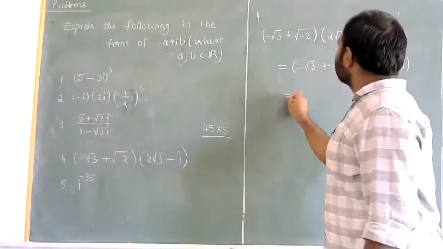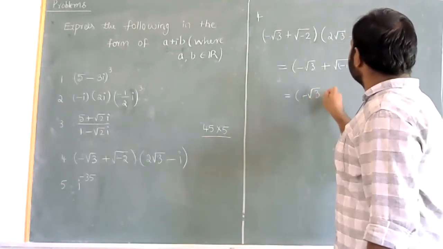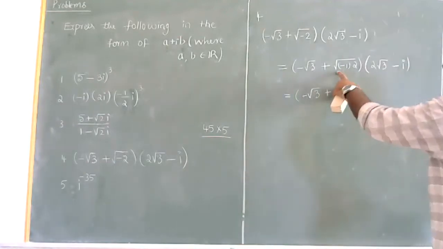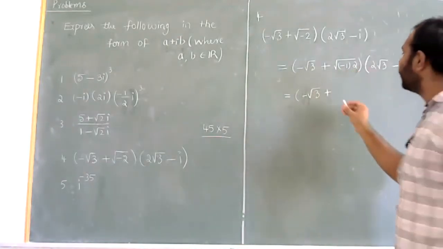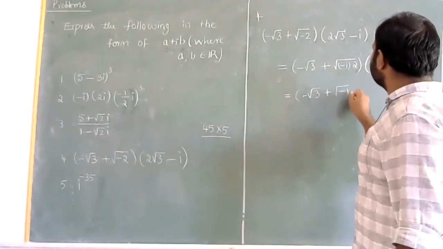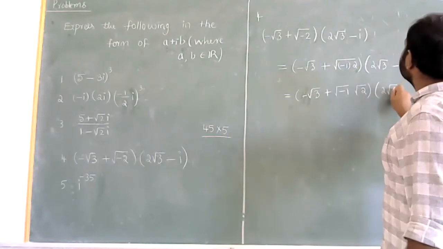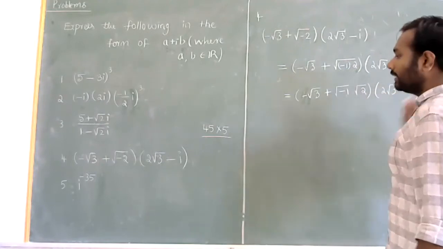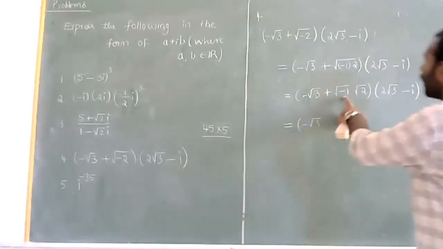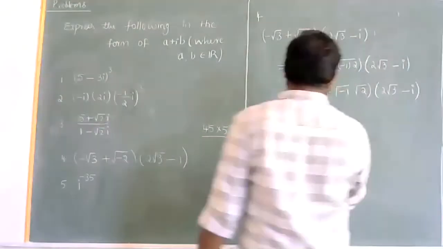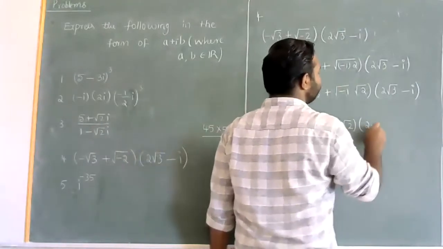Then it is minus root 3 plus, since square root of A into B is square root of A into square root of B, square root of minus 1 into square root of 2, into 2 root 3 minus i as it is. Now minus root 3, square root of minus 1 is i, root 2, into 2 root 3 minus i.